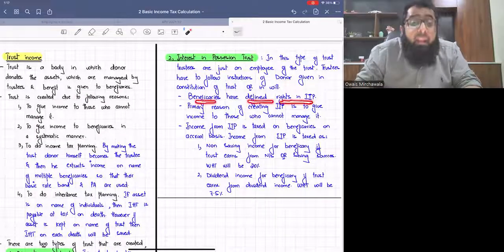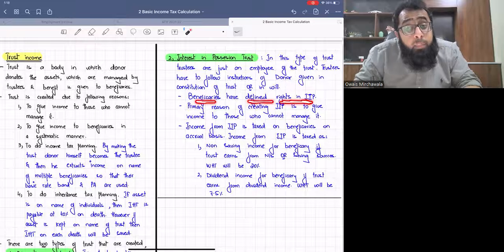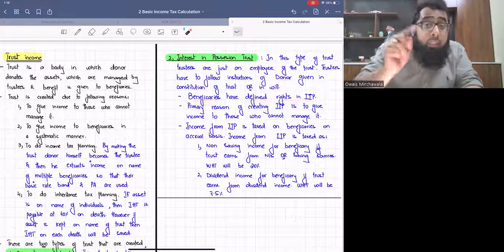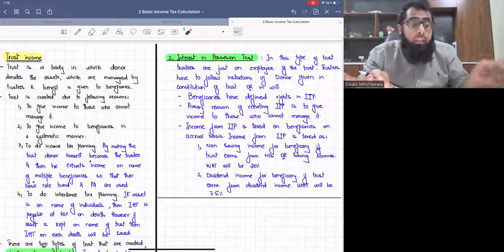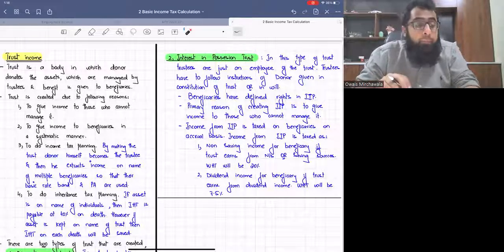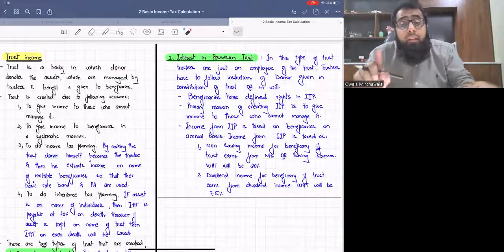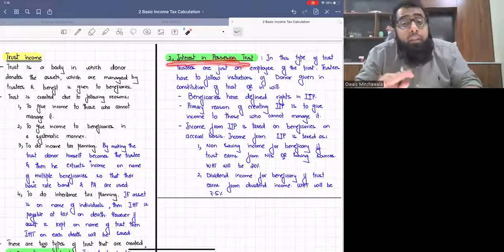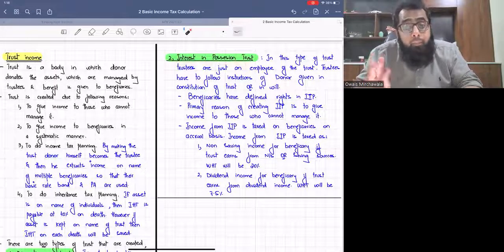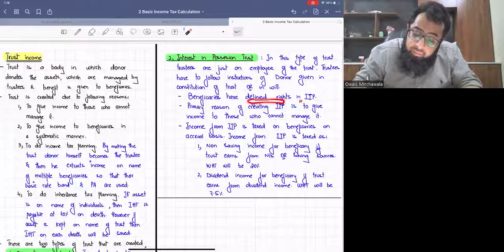Beneficiaries have defined rights in interest in possession trust. The trustees cannot change their rights. In discretionary trust, the trustees can change anything. But in interest in possession trust, they cannot change it. The rights are defined.